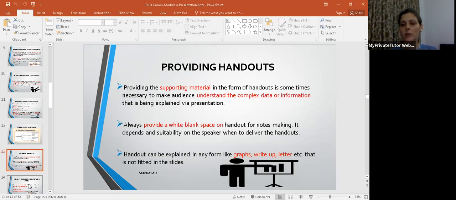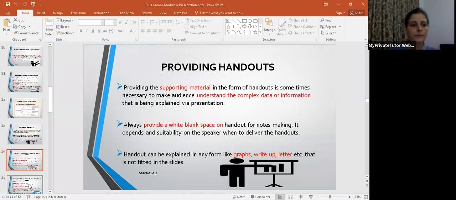It can be in the form of graphs or text, whatever you're explaining. If they don't understand it, they can write something next to it, and they can raise their hands if there is any ambiguity. Handouts can be explained in any form, as I said earlier. If something doesn't fit in the slides, then handouts are used for that purpose.